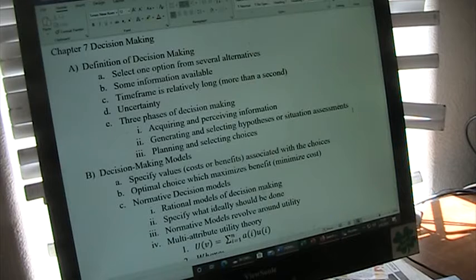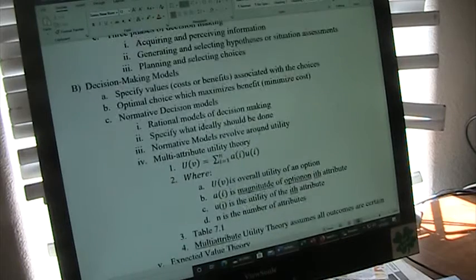Okay, so we perceive the information, we acquire the information in some way. We're going to generate and select some assessment of our situation, and then planning and selecting a choice, right? This is about decision making, so we're going to have to make a choice as to our course of action.